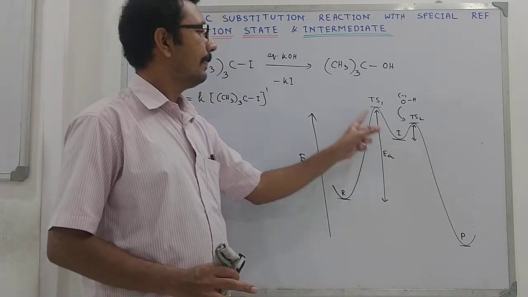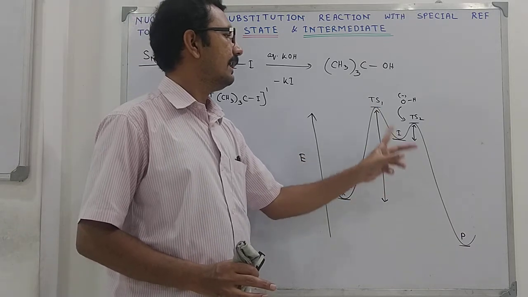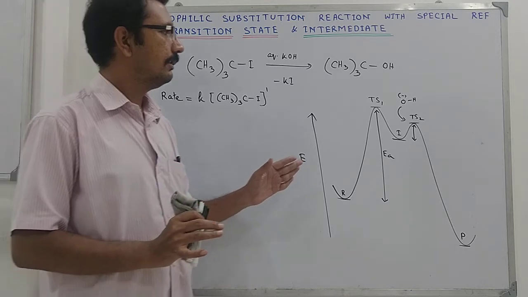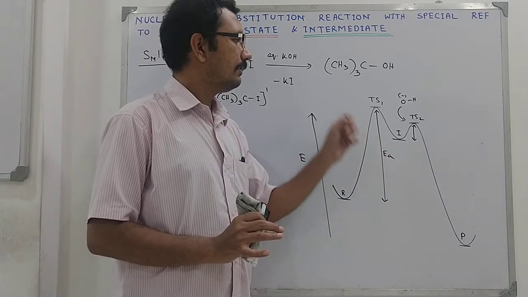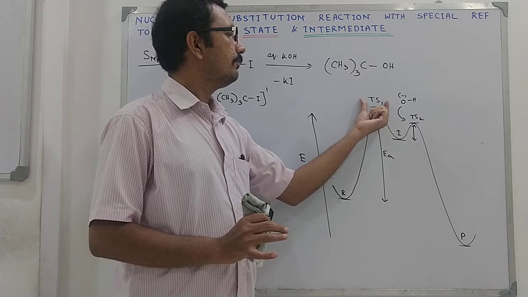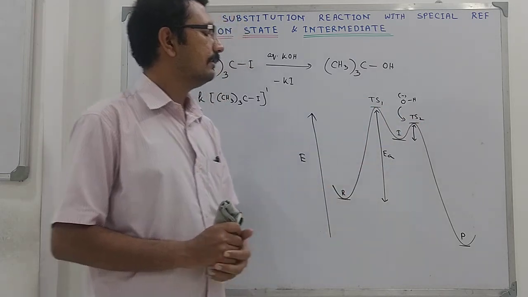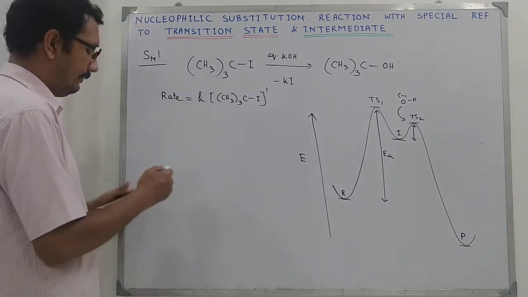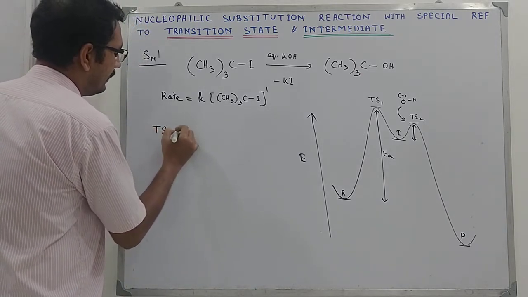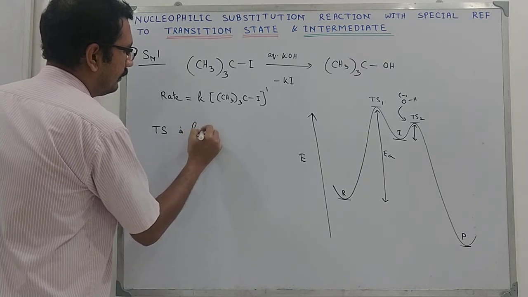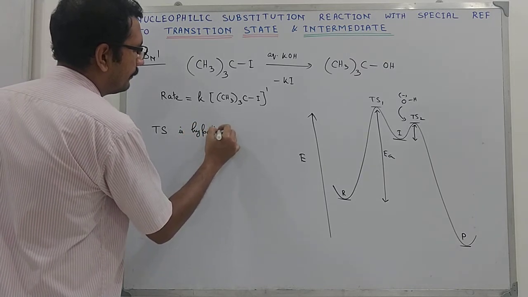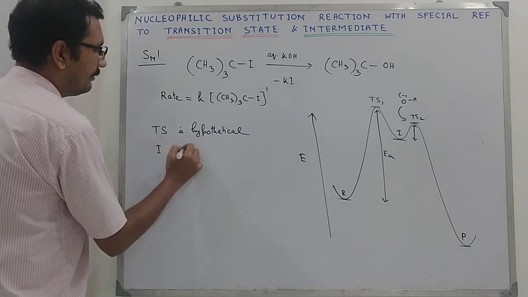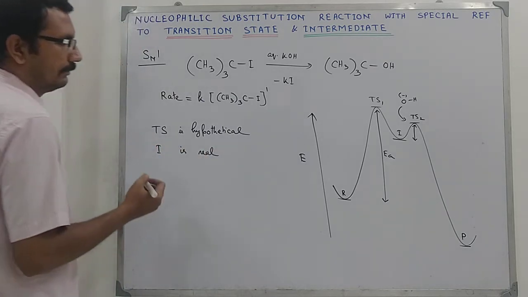Till date. So it may be claimed that so many reactions have happened, so many reactions have been discovered, but till date no one has been able to explore a transition state. So it may be claimed that transition state is hypothetical, but intermediate is real.